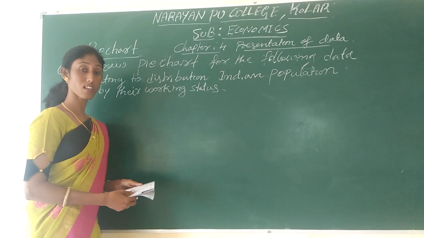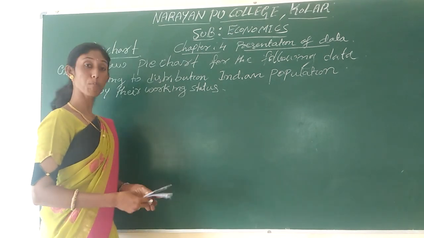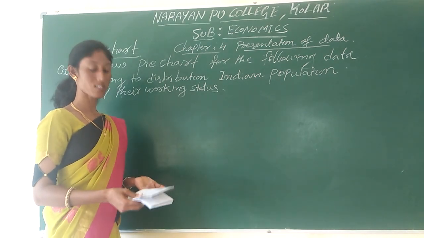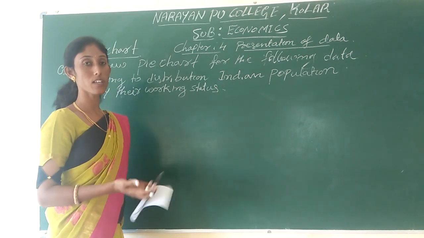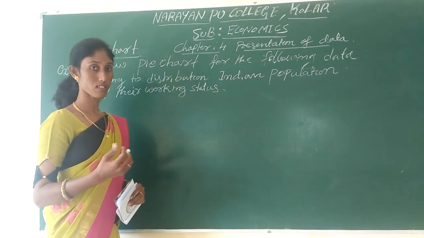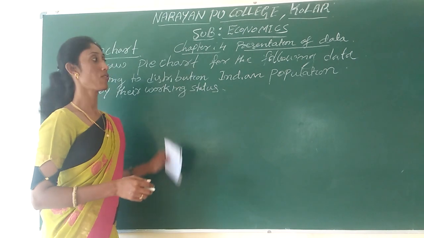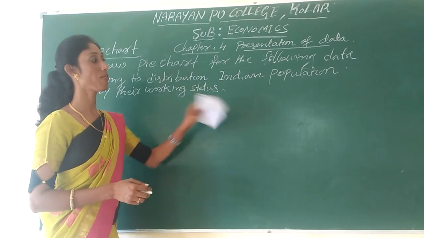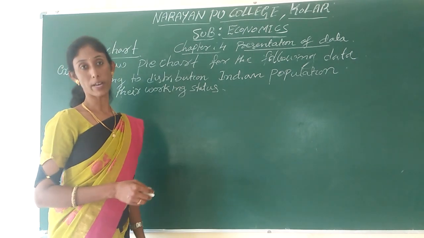The working status are mainly three: main workers, non-workers and marginal workers. Based on the working status, we have three classes of population in the data. By using that particular data, we need to draw a pie chart.